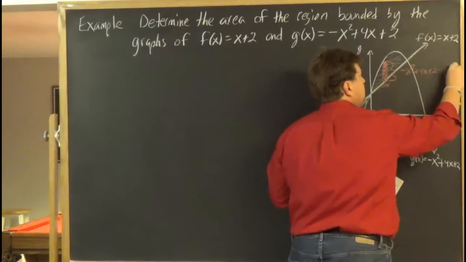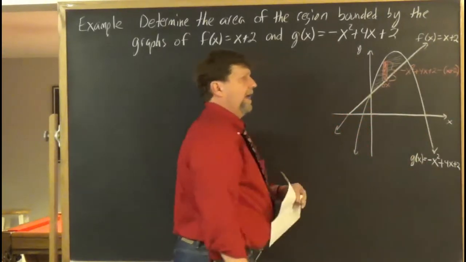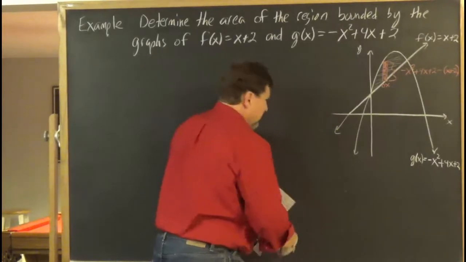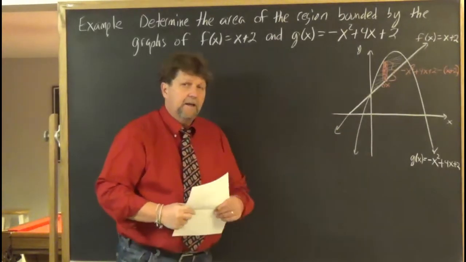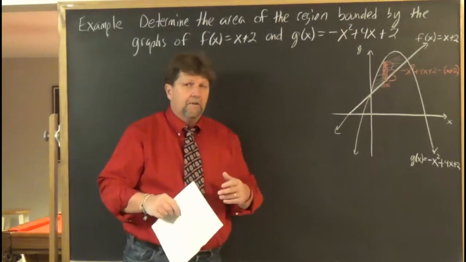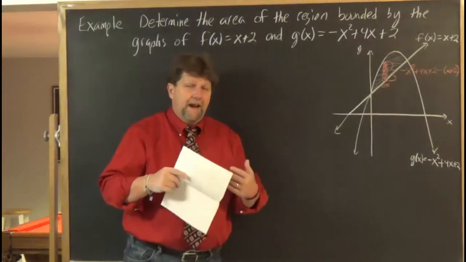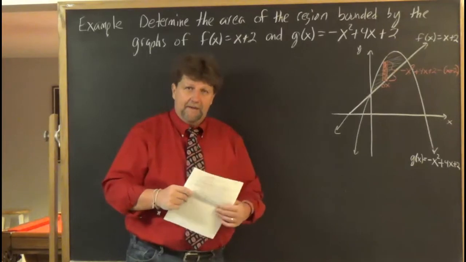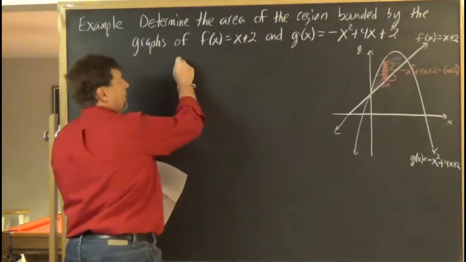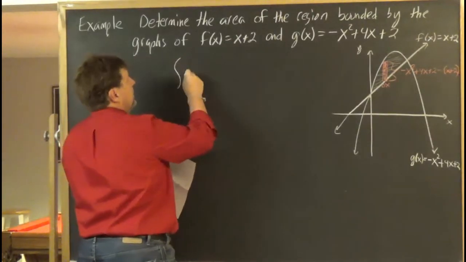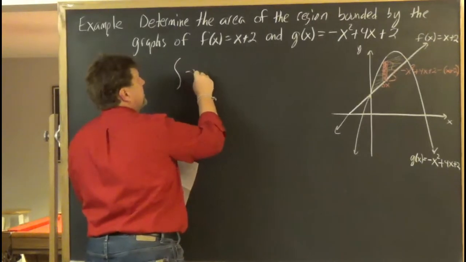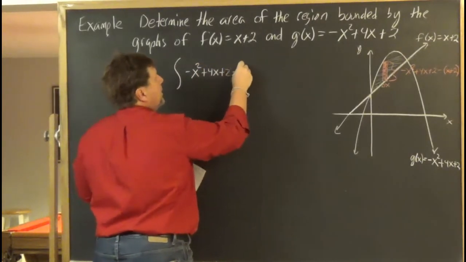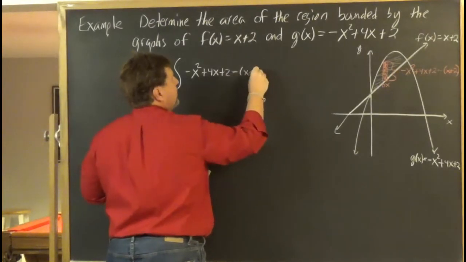Put that in parentheses, quantity x plus 2. So now once I do that, I can write a definite integral that represents the area of the region that's bounded between the graphs of f and g. So I write the integral. My integrand is, let me say it again, top curve minus the bottom curve.